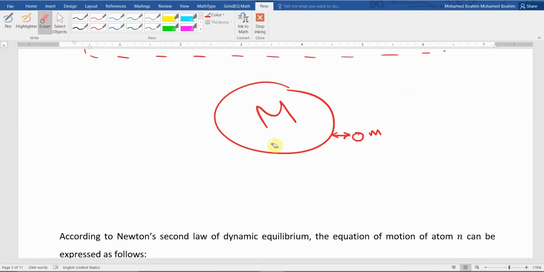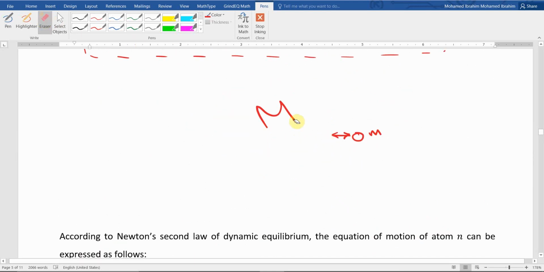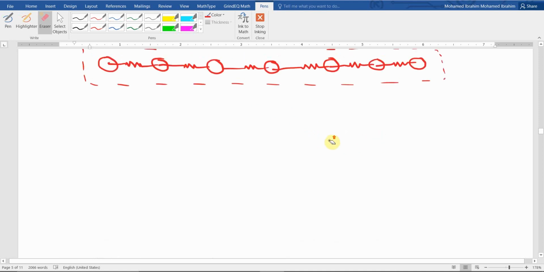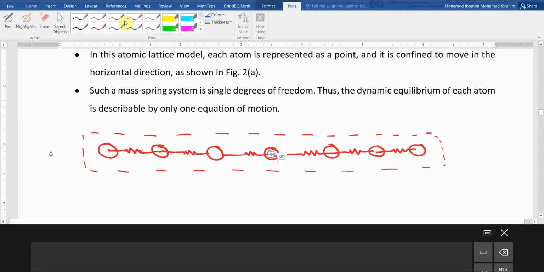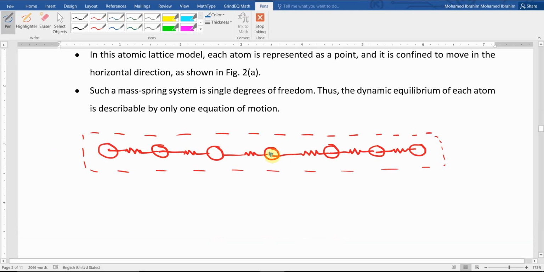In case, for example, we talk about atoms, there are interatomic forces. The easiest way to understand this type of force is through interatomic forces. Like if we assume that this is an atom with mass m, and there is another atom here, and another atom. All of these atoms are identical, of the same mass, right?